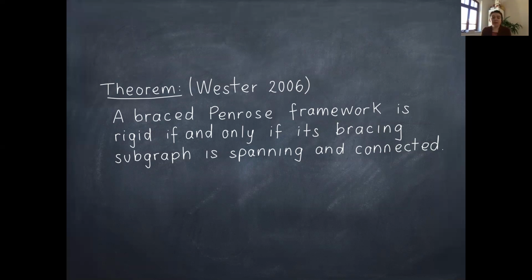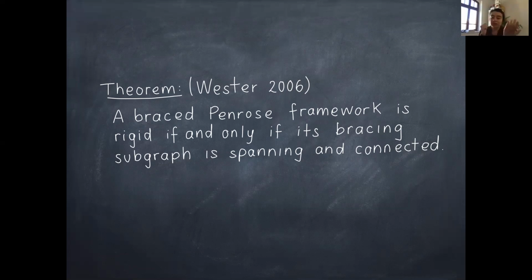And what we noticed is that the theorem is a little bit more general than just for Penrose frameworks. So one of the important properties that Penrose frameworks have in common with grids of squares, for example, is that all of the bars have the same length.